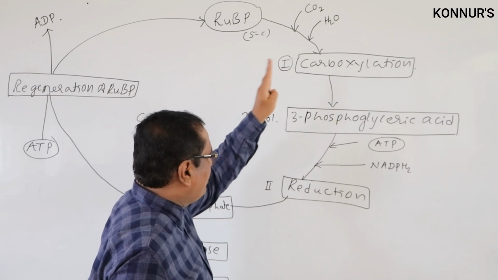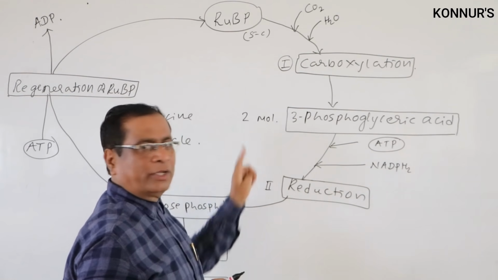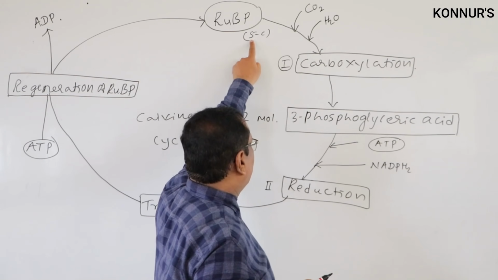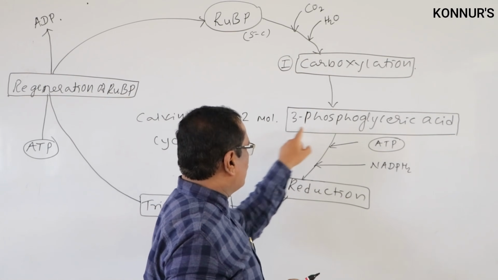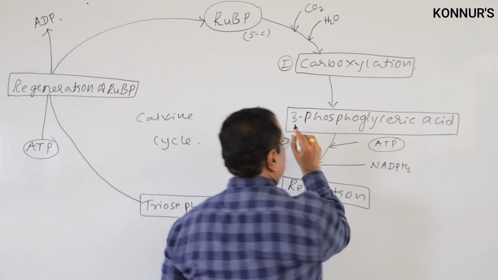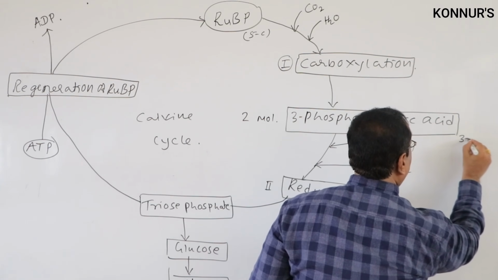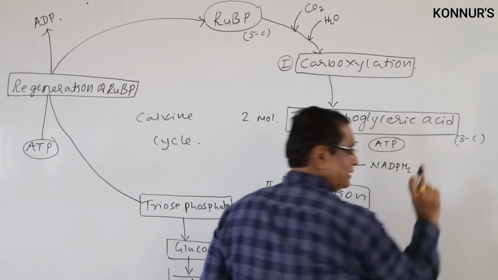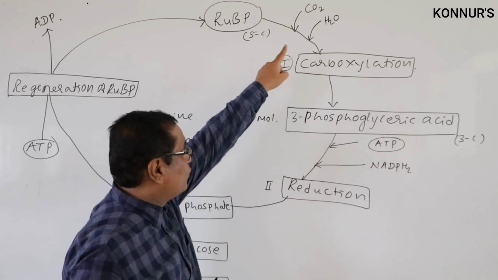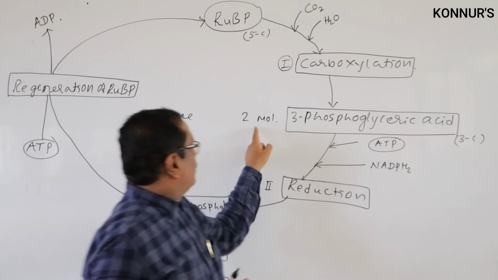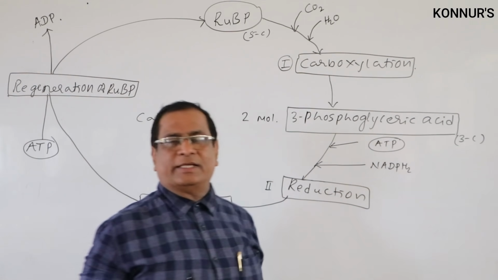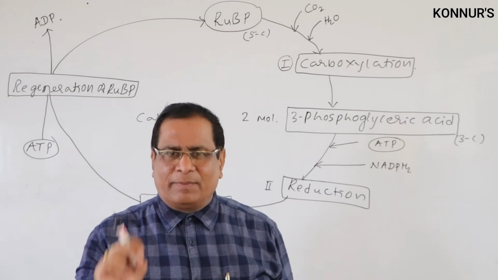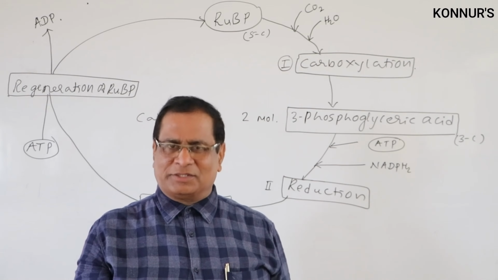When that RuBP fixes CO2, 2 molecules of 3-phosphoglyceric acid are formed, each having 3 carbons. Two into 3 is 6 carbons, where 5 plus 1 is 6. It is the first formed stable compound in the dark reaction.